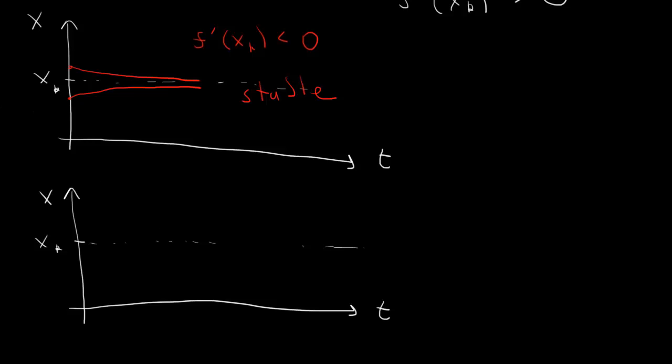And then if we do unstable, we start a little bit away, and the solution will run away exponentially. We start a little bit below, the solution will run away exponentially. So here f prime of x star is positive, and this is unstable.